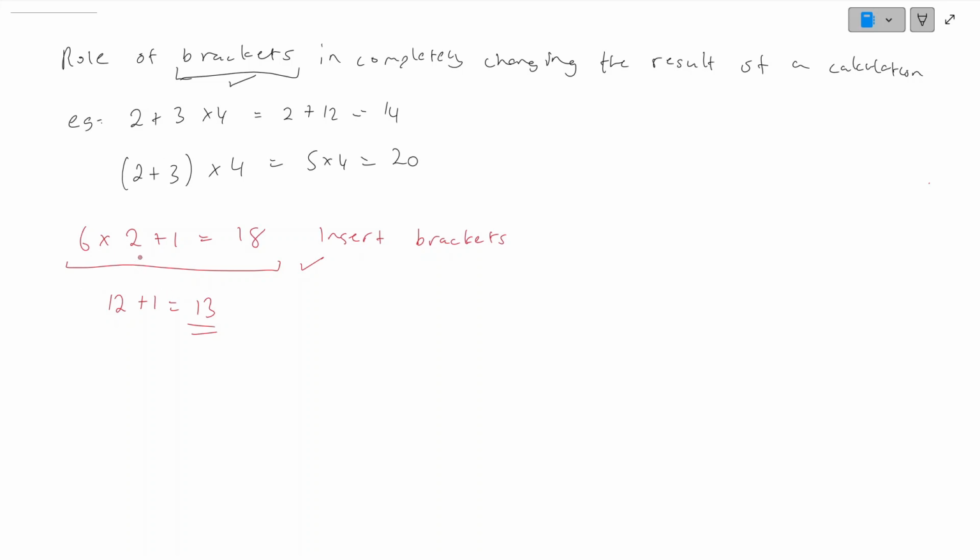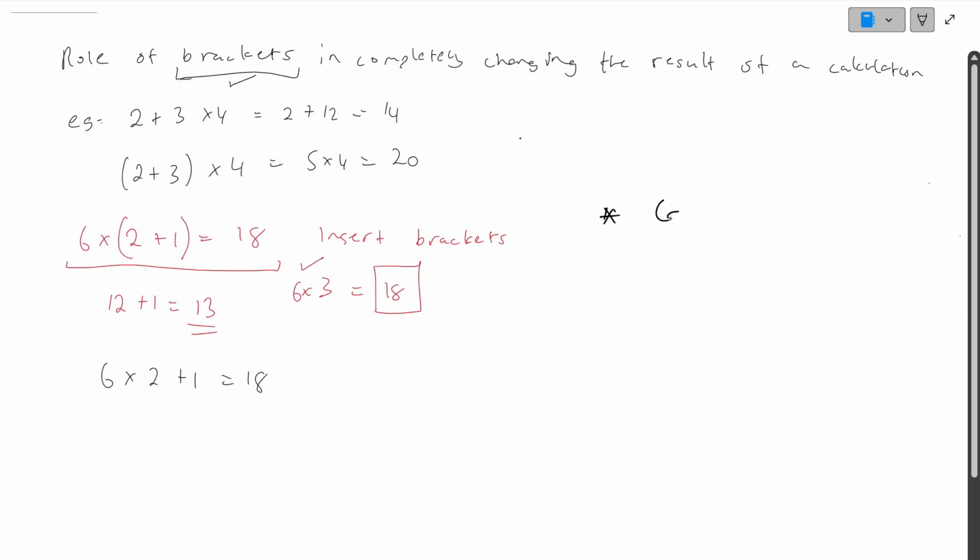Because this is a simple expression with just two operations, we can predict that we might want the addition to happen first. Let's see what happens: 6 times (2 plus 1), which is 6 times 3, and that does give us 18, which is what we wanted. How do we make the addition happen first? We add a pair of brackets there to let the addition happen first, then the multiplication second. So I was able to make this statement mathematically correct by adding a pair of brackets.